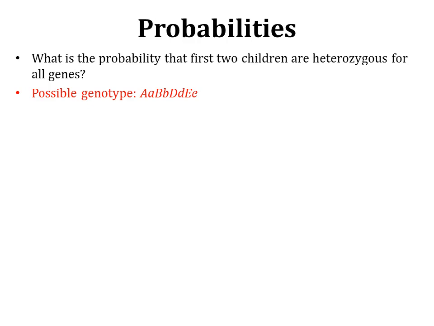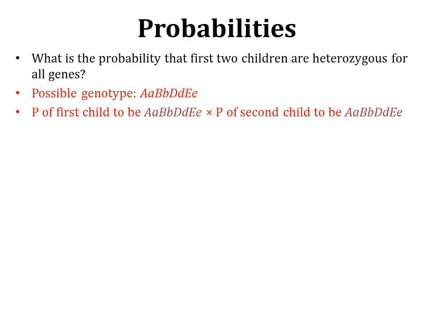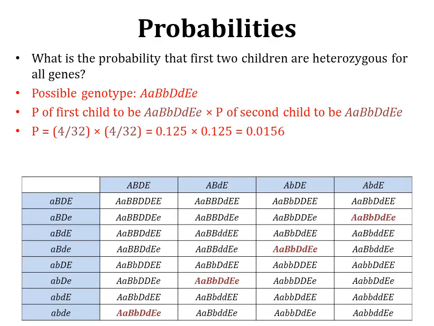So what we are going to do with the individual probabilities, we are going to multiply these individual probabilities. So the probability of the first child to be heterozygous for all 4 genes multiplied by the probability of the second child to be heterozygous for all 4 genes. When we look into the table, we have 4 individuals who are heterozygous for all the 4 genes.